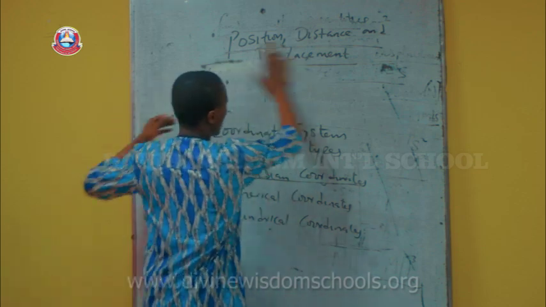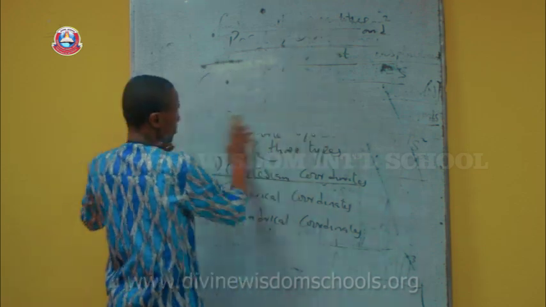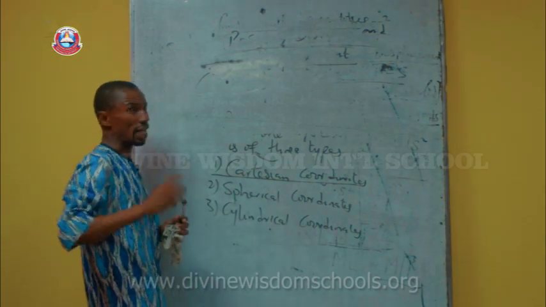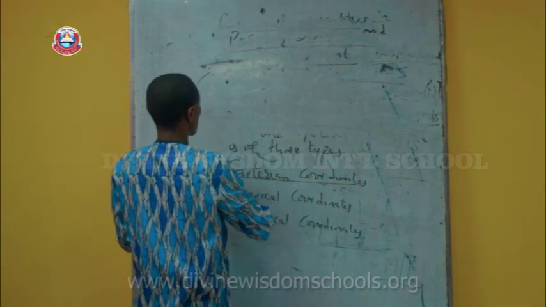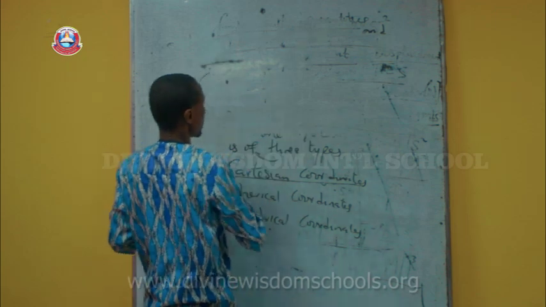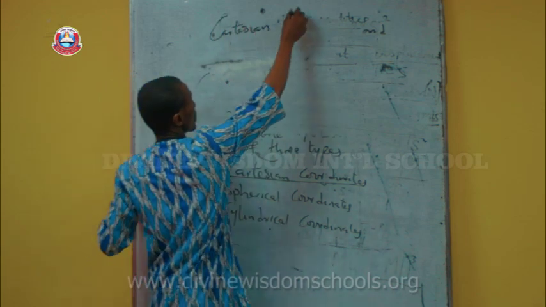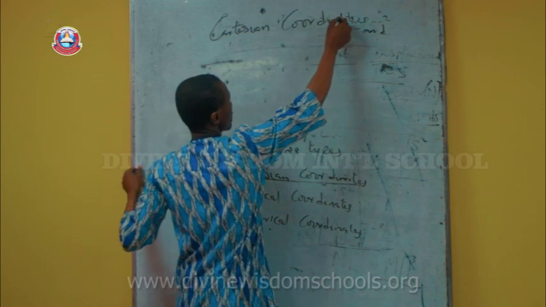The Cartesian coordinate system consists of two or three axes. First, we'll consider the one of two axes.